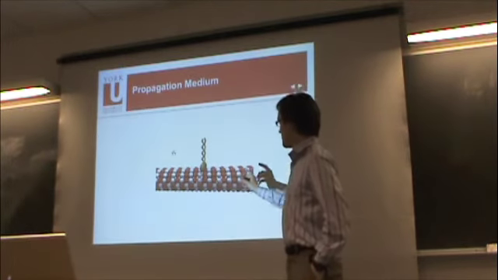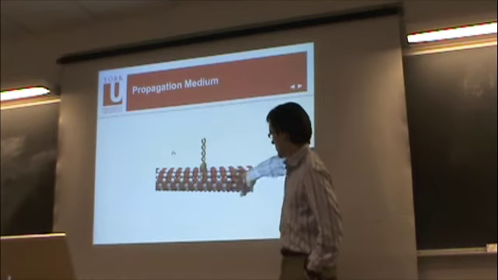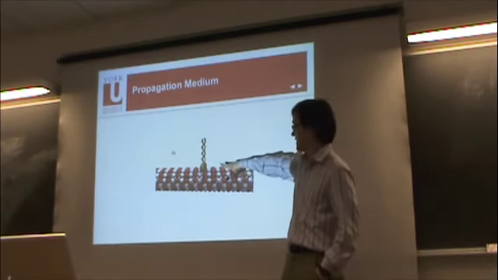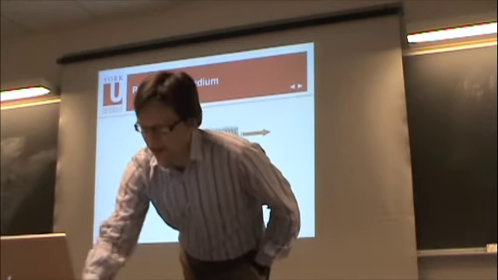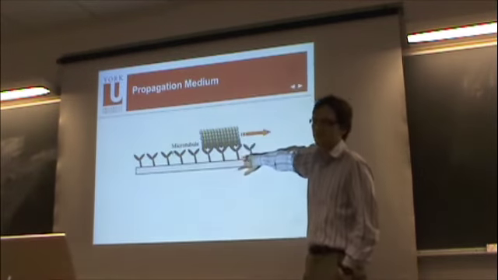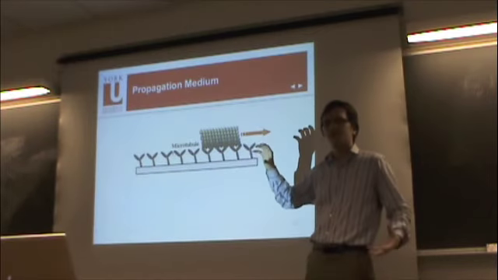So if you're doing it this way, if you attach a cargo here, then this is like a rail, and this is like a train. So in that case the kinesin moves. If you do it this way, these are the kinesins. They're all fixed to a substrate, and instead it's like a treadmill kind of thing.